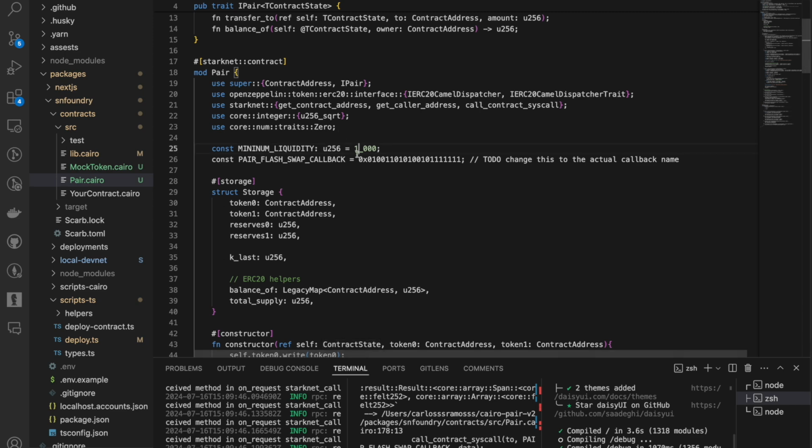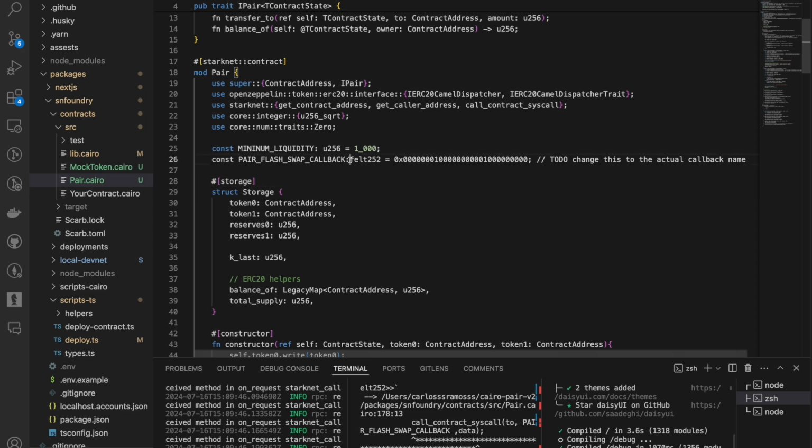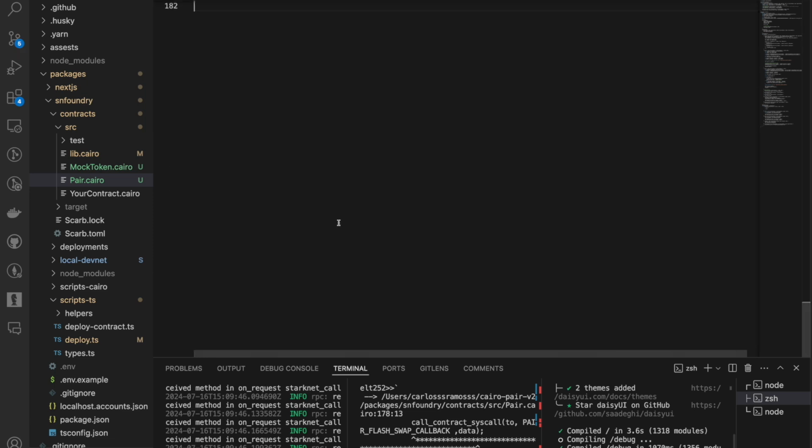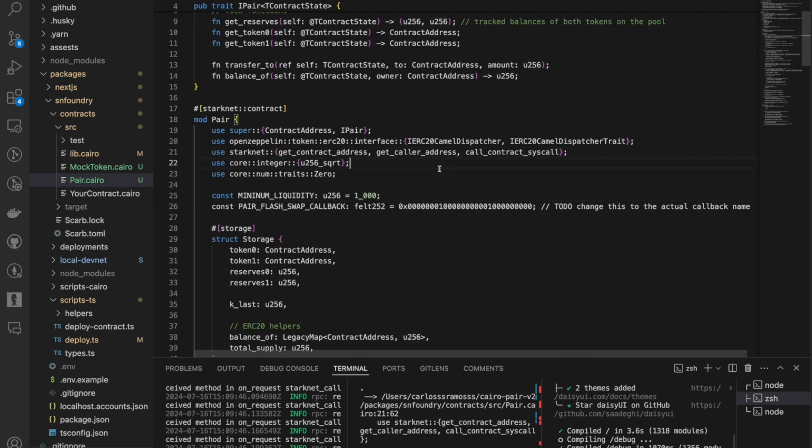We're going to declare this as failed. Let's change the import trace for this call contract syscall.